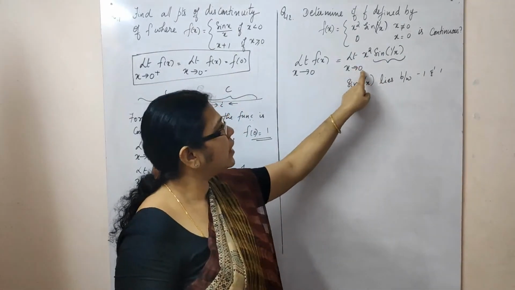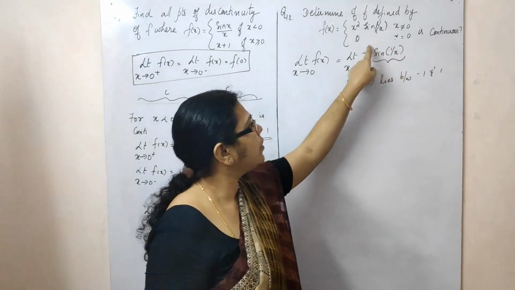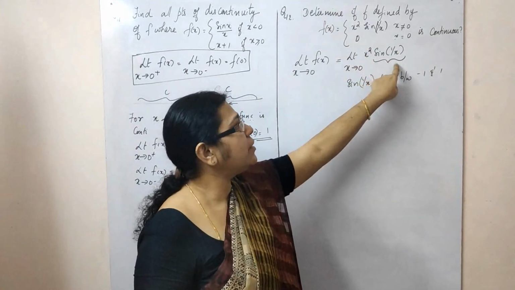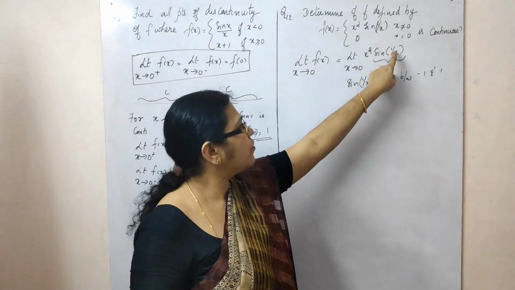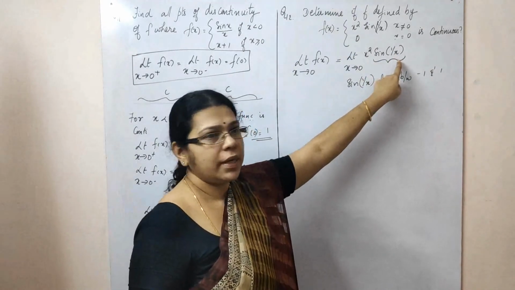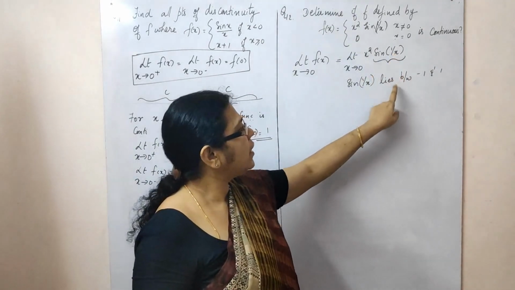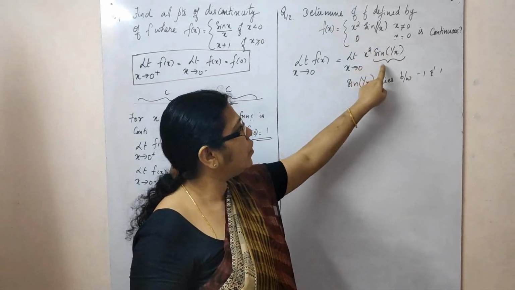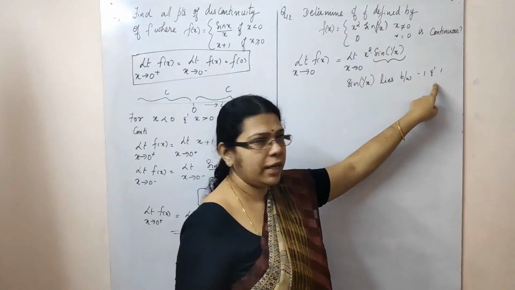As the value of x tends to 0, what will happen to this function? This sine will never be equal to 0 because 1 by 0 does not exist. So sine lies between minus 1 and 1.